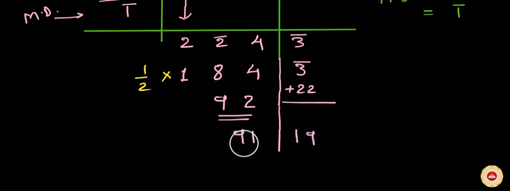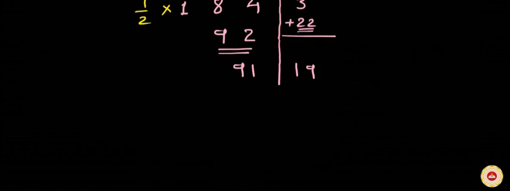Quotient is 91 and remainder is 19 after adding original divisor 22. Okay friends, so this remainder is positive and less than original divisor 22. So we have got final answer. That final answer is quotient is 91 and remainder is 19.